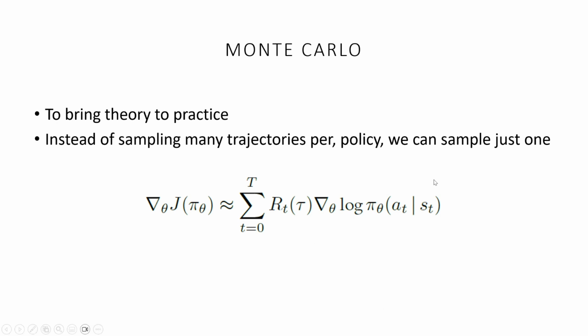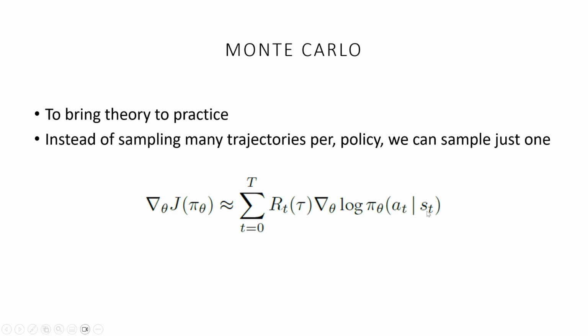The only thing in our expression here that is taken from the environment, which is the real world, is the rewards, the return term, and we would like a way to use it in our updates. So one way of doing it is to go through the whole episode and calculate the return for each time step, and just after the episode finishes, we perform an update step by calculating the objective by this formula.